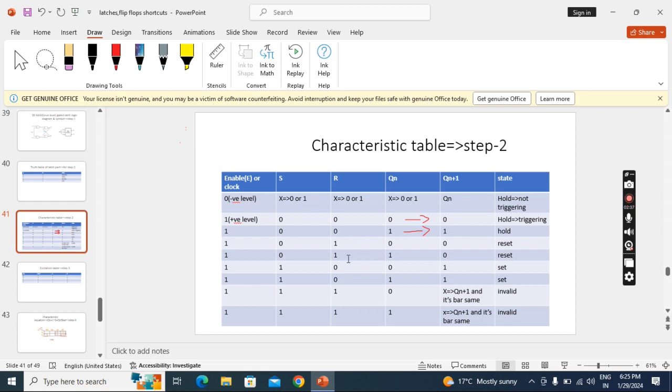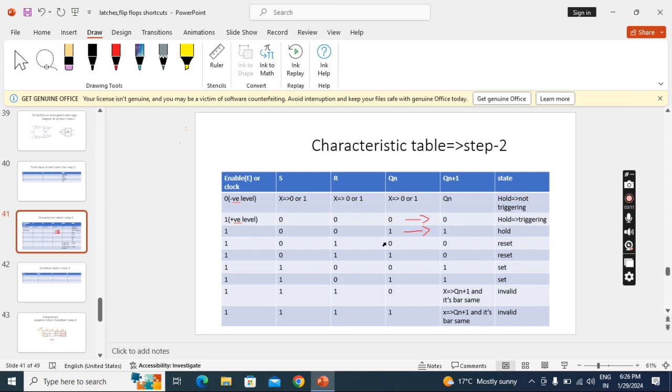Like that, Qn can be 0 or 1 for inputs 1, 0, and finally Qn can be 0 or 1 for inputs 1, 1. In any gated latch or flip-flop, we have to write like this only. Remember. Now we'll see the Qn+1 values and state names.